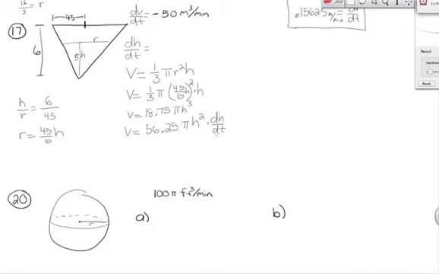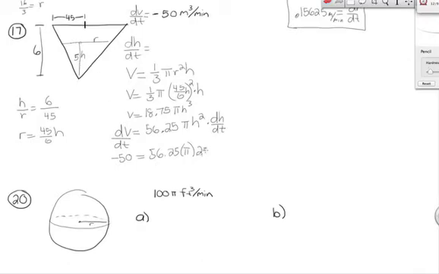So now I just need to plug in what I know and solve for what I don't. Wait a minute, dV/dt, not just V. So I know dV/dt is negative 50. I've got 56.25 times pi. h is, at this moment in time, 5.